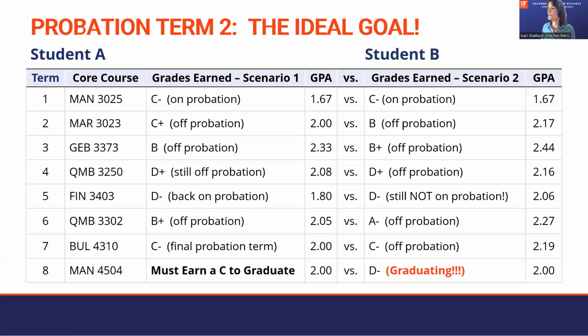Both had to deal with earning a very low grade in finance, but student B was able to absorb the D-, not go on probation again, and they didn't have to retake Finance 3403 since a D- is a passing grade. Remember, the best strategy is to take fewer courses each semester so you can earn higher grades, which can offset lower grades in the more challenging core courses. So slow and steady wins the race.